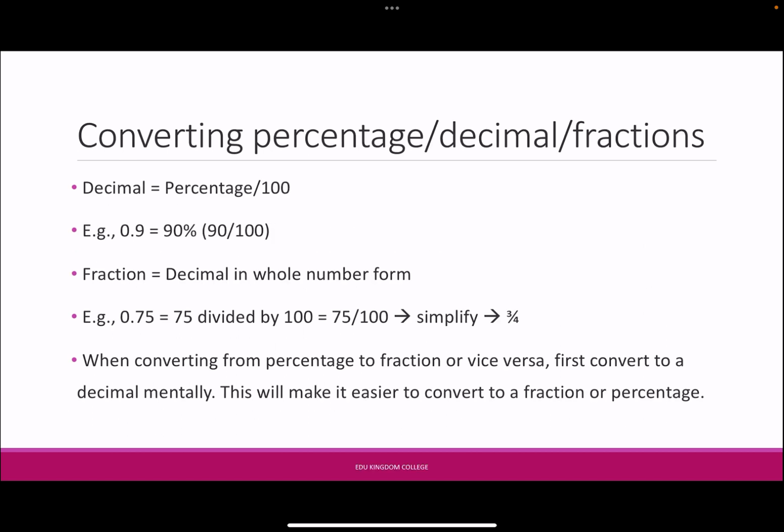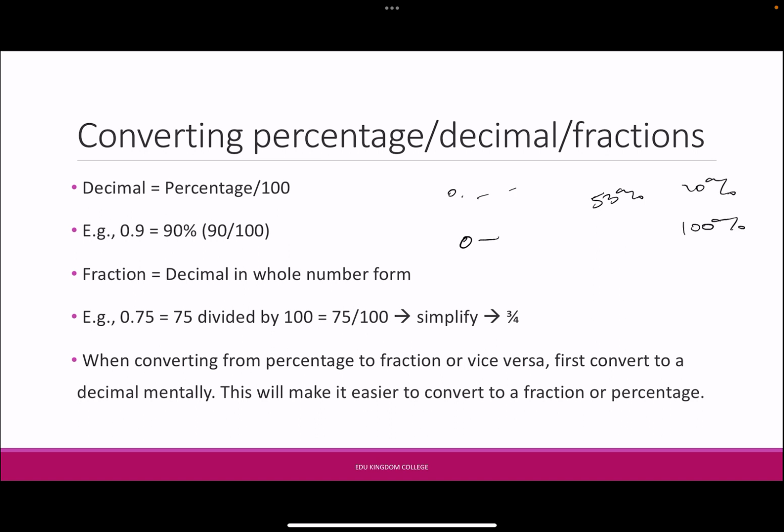Now, when we're converting percentages, decimals and fractions, remember that decimals will always be like 0 point something. A percentage will usually be a whole number, not a decimal, like 53% or 90% or 100%.